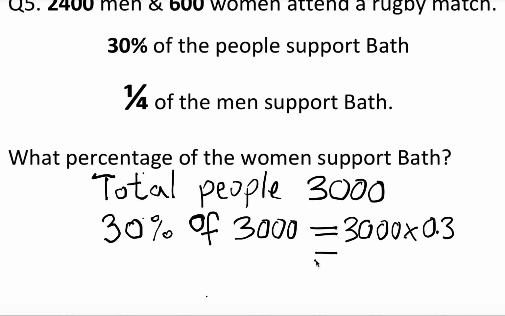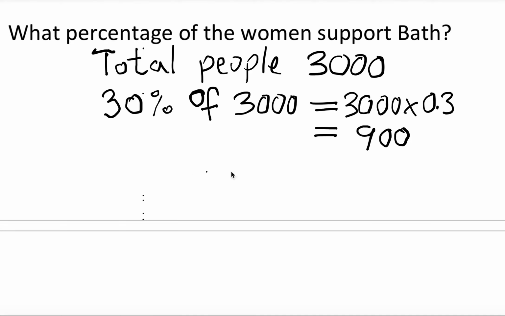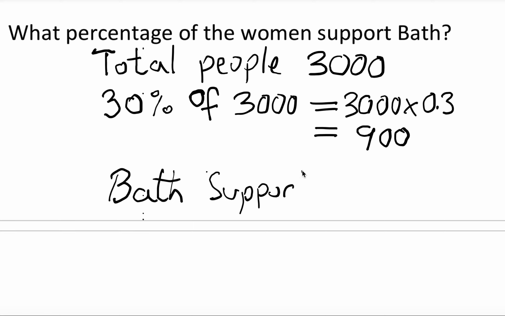So 30% of 3,000 equals 900. So that means 900 people support Bath. Bath supporters equals 900.